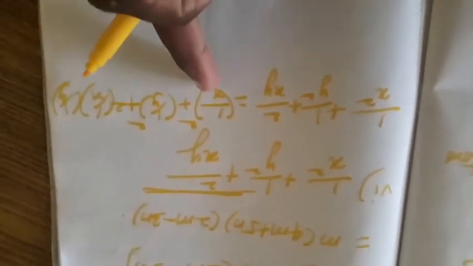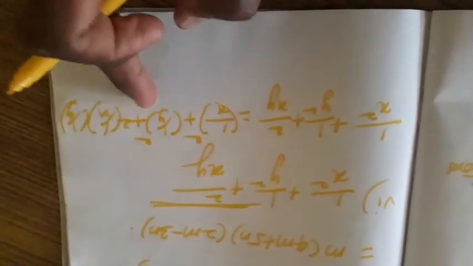Going to find the solution. The given expression, 1 by x square plus 1 by y square plus 2 by xy, we can write as 1 by x whole square plus 1 by y whole square plus 2 into 1 by x into 1 by y.